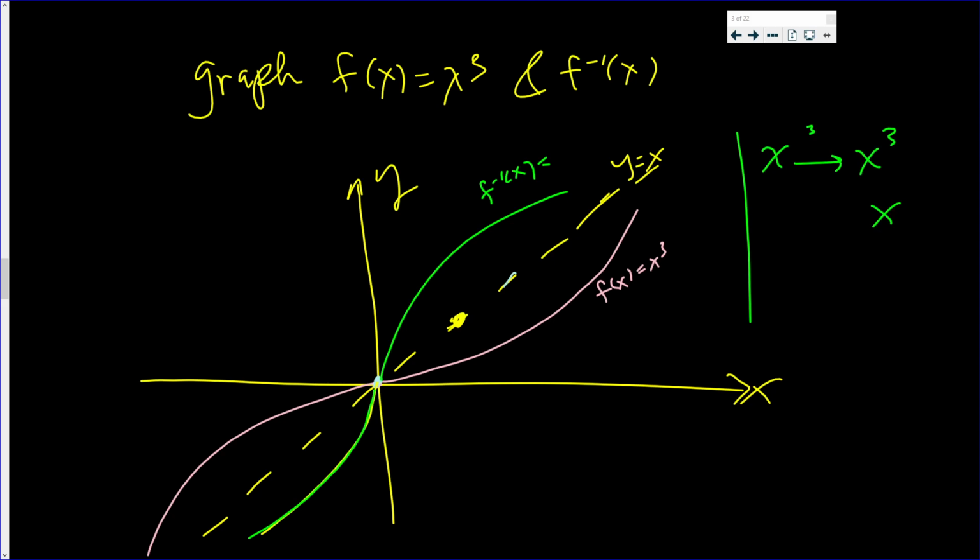Call that x. Now you're going to have to take the cube root of this. And right here is f inverse. F inverse is the cube root of x. So now you know what the cube root of x looks like.